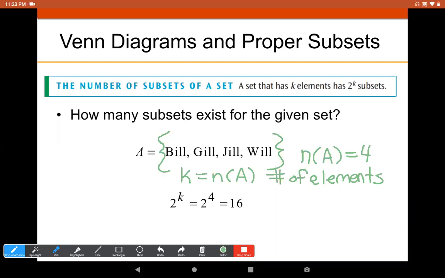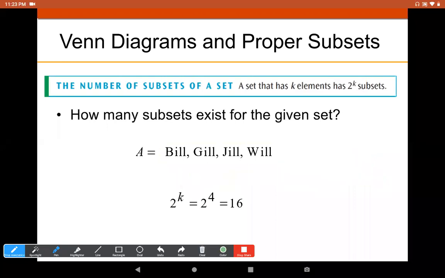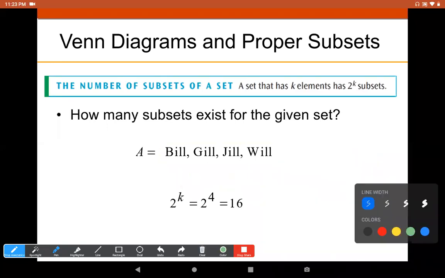If we wanted to look at an example of a subset here, the book might ask us something like, list all of the 2-element subsets from this set. So, put our brackets back on.